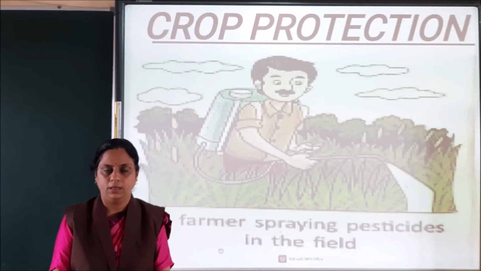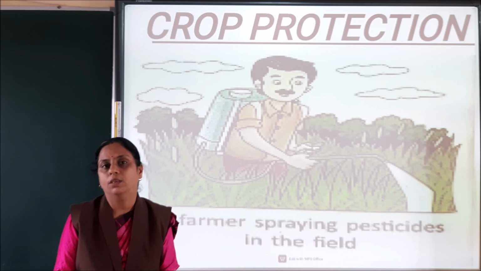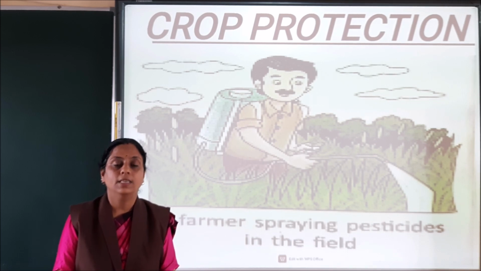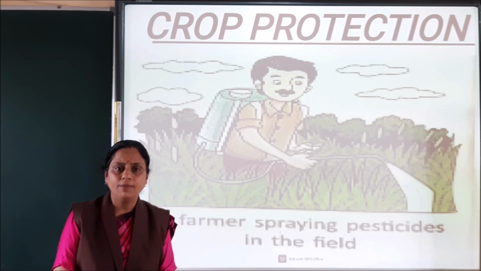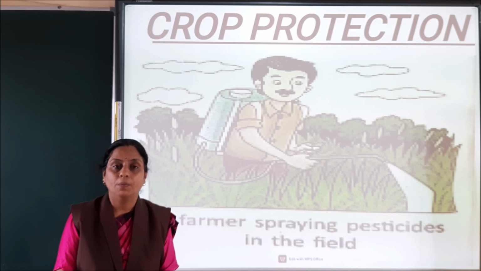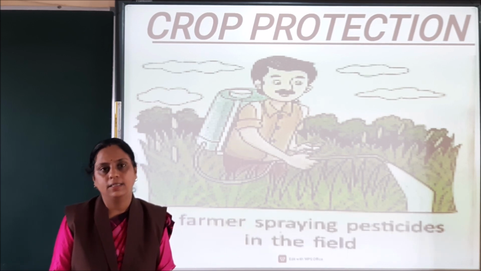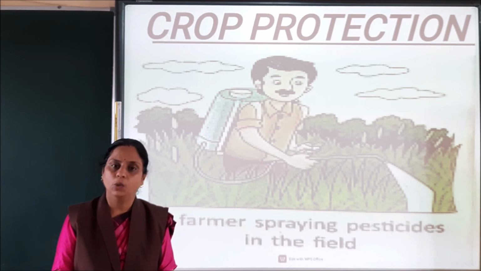Crop protection. When the seeds germinate and the seedling comes out, it is very important for the farmer to protect the crops. From what do they have to protect the crops? From mice, rats and various animals. It is very necessary to protect their crops from them.